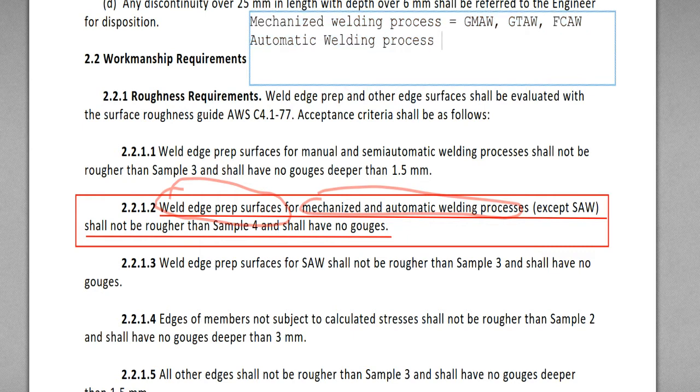The basic concept has no difference, but this one is kind of semi-automatic, not 100% automatic. But when you solve the problem in CWI Part B, you don't have to figure out whether it is mechanized or automatic.